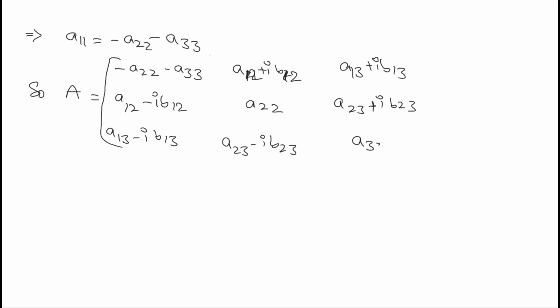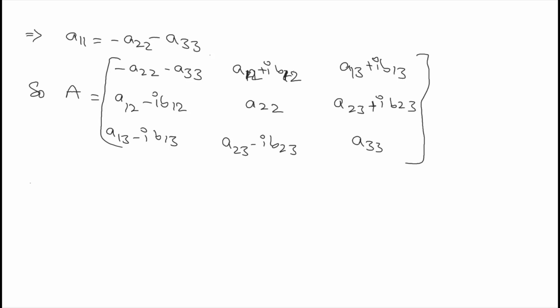Similarly, we can check the number of unknowns here as 1, 2, 3, 4, 5, 6, 7, 8. This is nothing but the dimension of the subspace W1 intersection W2.